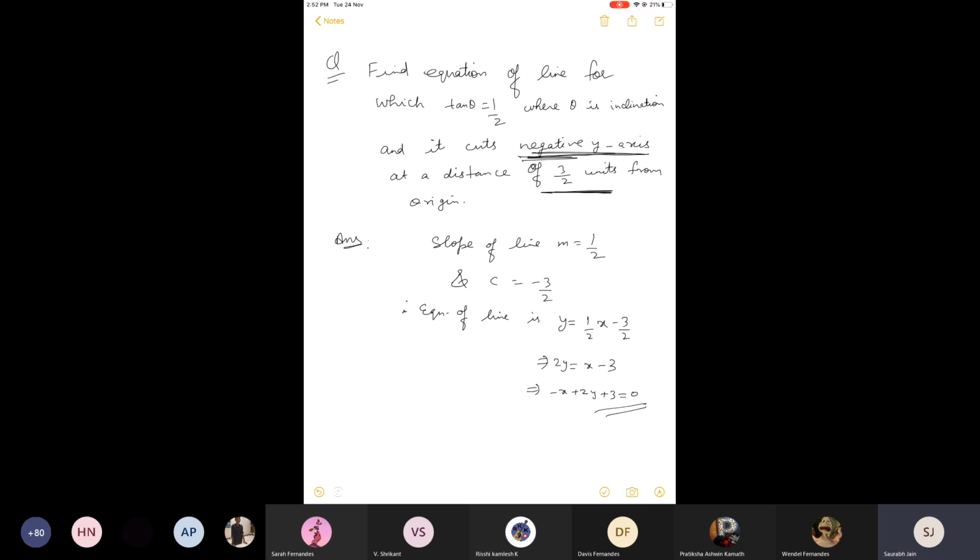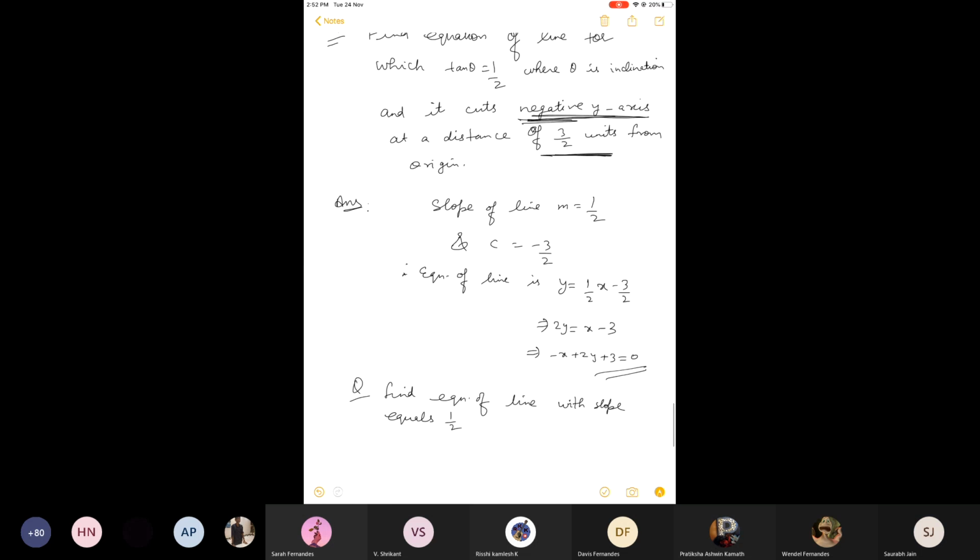I'm giving you another question. Let me see who can solve it. Find equation of line with slope equals half. Let me see who can apply the concepts studied till now.